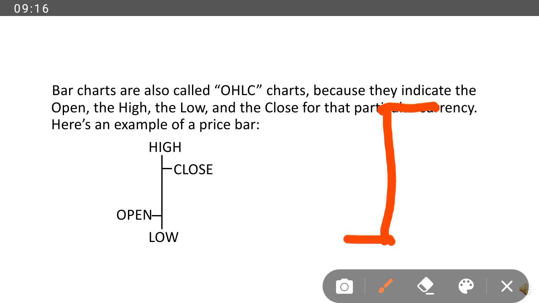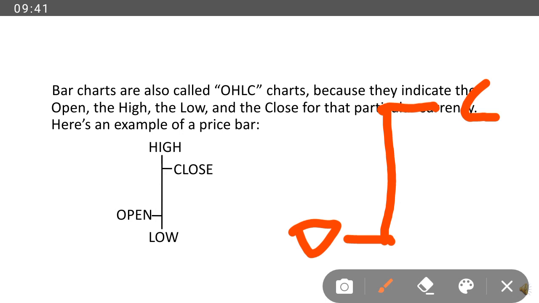Because it didn't go down again. Immediately it opened, it started going up, and immediately it closed also. No, it closed at the highest point. See, in this case now, here is the close, here is the open. So it can happen in any way.